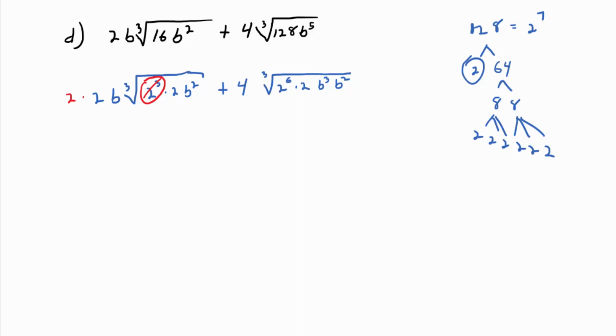I should have left some room here to begin with. So let me circle my perfect cube factors. 2 to the 6th, b cubed. So what can I pull out? What's the cubed root of 2 to the 6th? Now it makes sense. The shortcut should make sense to you. You can think of it as the cubed root of 2 to the 6th.